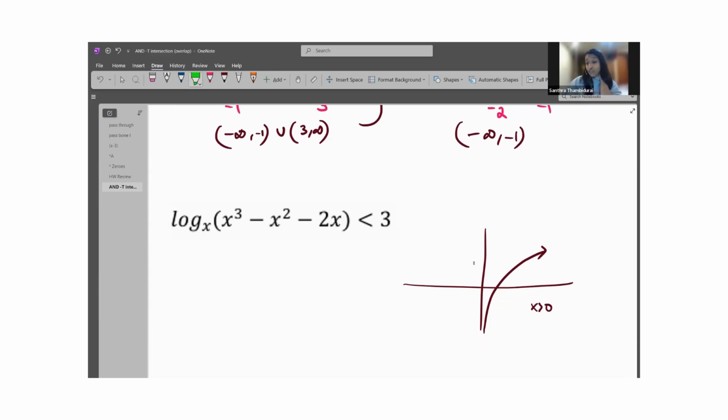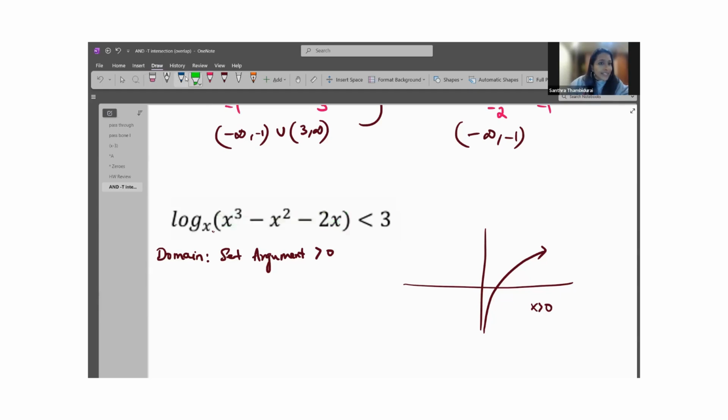You can see that, right? There's no value that is 0 or less included in your log function. So the domain is, when you're doing a log, the input inside the argument must be greater than 0. It must be positive. So for any log question, the first thing I would suggest is to find the domain. What do you do for the domain? You set your argument that is inside the log to be greater than 0. Your argument for this particular log function is this guy.